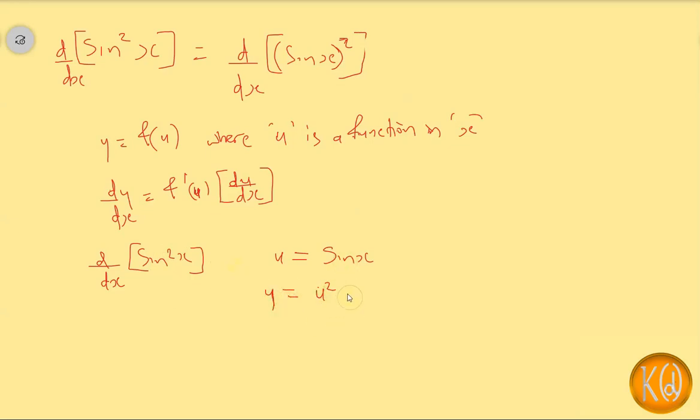Okay, and let's just proceed to applying the chain rule. Okay, so dy dx would be equal to f prime of u. Now f prime of u simply means to find dy du here.